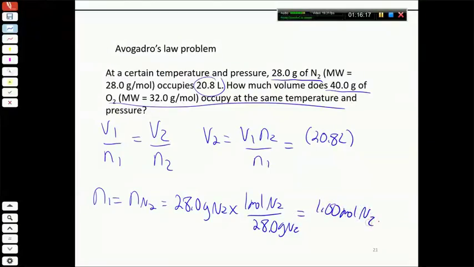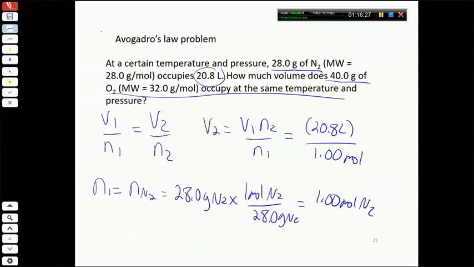So just converting mass into moles. That's going to be the bottom here. That's our initial number of moles, 1. Then we want to know how many moles the sample of oxygen includes, which we're going to then multiply here to get the volume of that sample of oxygen. So N2 is the moles of oxygen. We have 40 grams of oxygen.